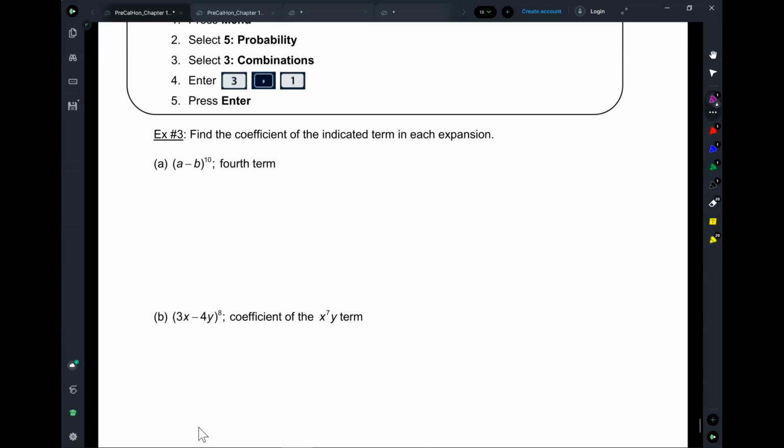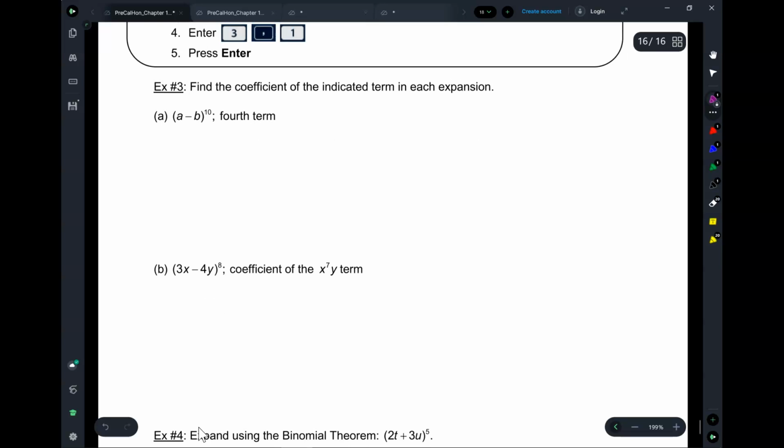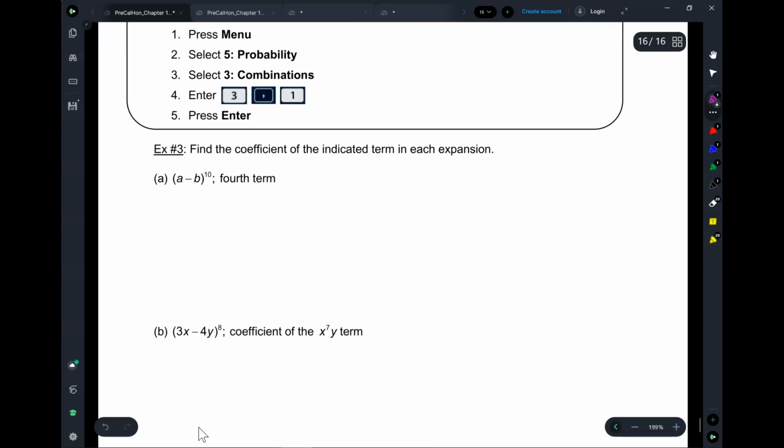If it's the 4th term, how much is r? R goes from 0, 1, 2, 3, so the 4th term has r equal to 3. You're just going to do 4 minus 1 equals 3.